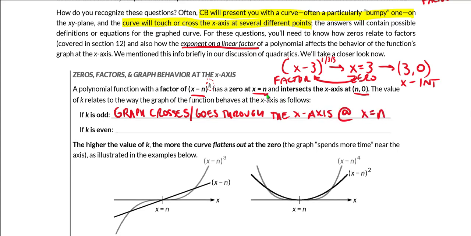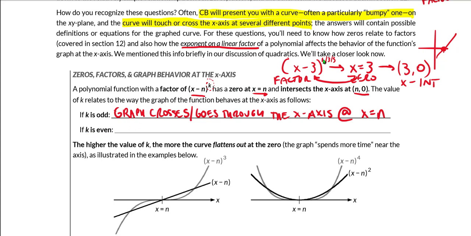N is the 0. So again, if I had something like x minus 3 to the first, or x minus 3 to the third, what I would see at that 0, at x equals 3, at that point (3, 0), is the graph going through the axis. It would hit the axis at that point and then go through, versus the case where k is even.